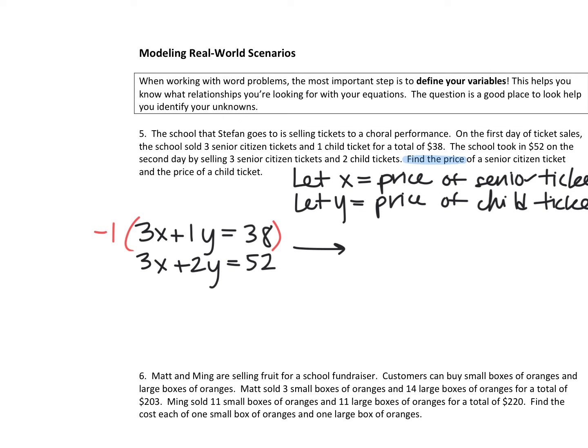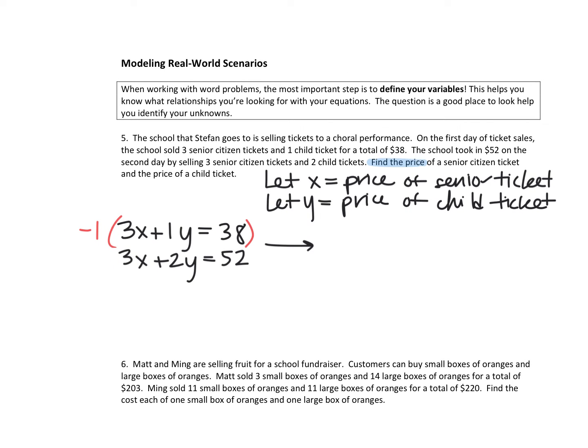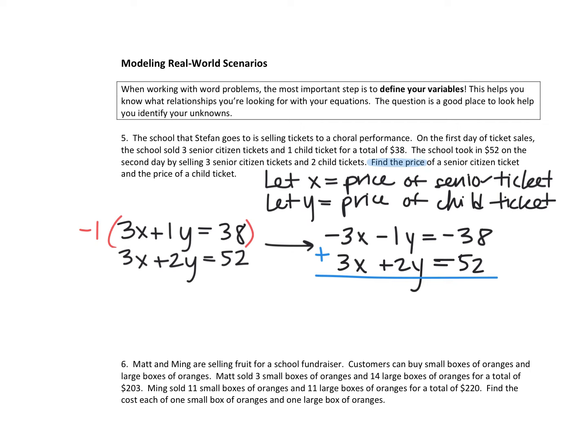I'm going to write it out to the side, but you do what you want to do. So that would make my top equation become -3x minus 1y equals -38. And the bottom equation is the same, because now my x value should cancel out. If I add up these two equations, -3x plus 3x is 0, so they're gone.